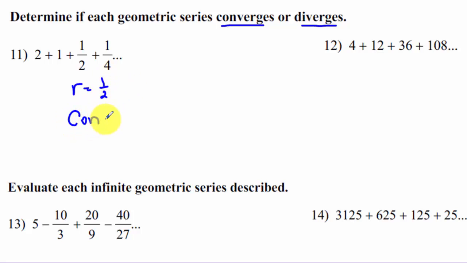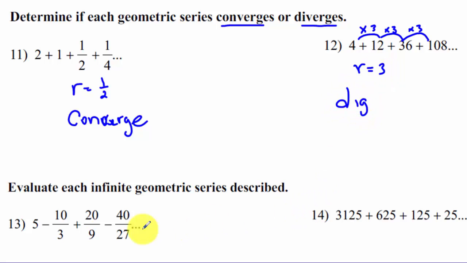So this series would converge. Here, going from here to here, we're multiplying by 3, by 3, so it is a geometric series. And our common ratio is 3. That is bigger than 1, so this series, if we added it up, would diverge.